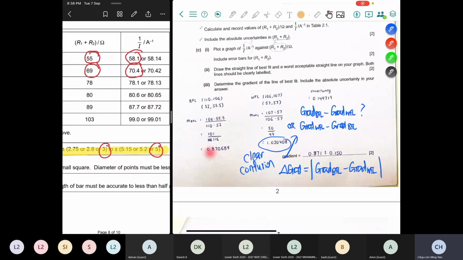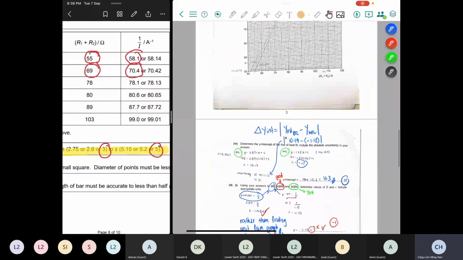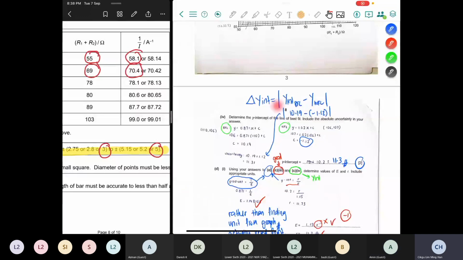But when you use best fit line minus the worst fit line, you have a negative value. But because of the modulus here, you will get rid of the minus sign. Can you understand, Amin? Okay. Same concept for the y-intercept, sir? Yes, correct. Y-intercept is the same. Try to use modulus to clear the doubt. Whichever one minus which one, you make a modulus, then it will be fine.